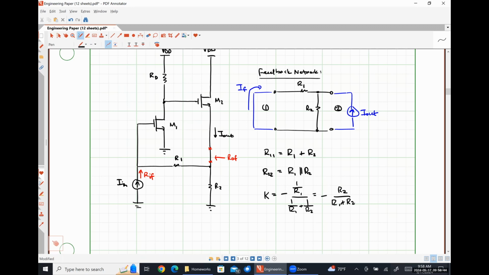Now, this is an interesting result because our feedback factor K is negative. So that means that our open loop gain needs to be positive in order for this system to have negative feedback.